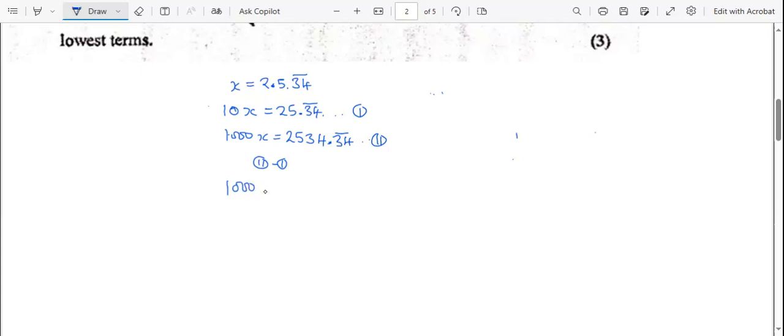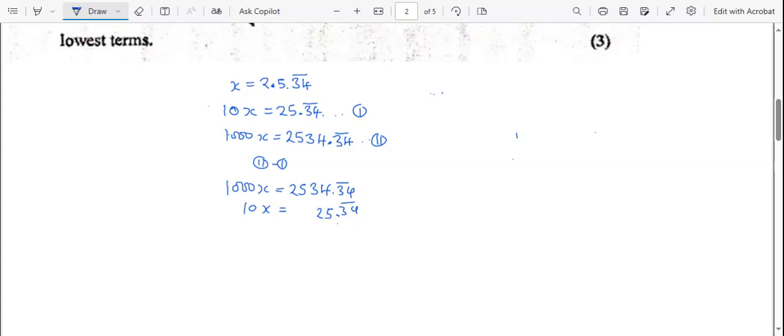Let me arrange it properly for you. 1000x is equal to 25.34 bar, because this is our equation 2. Then we have this one, 10x is equal to 2.34 bar.